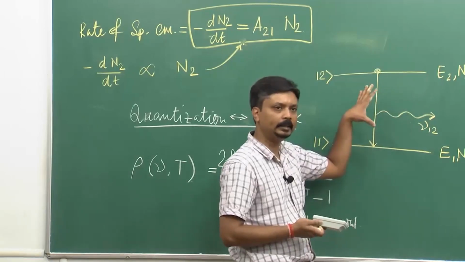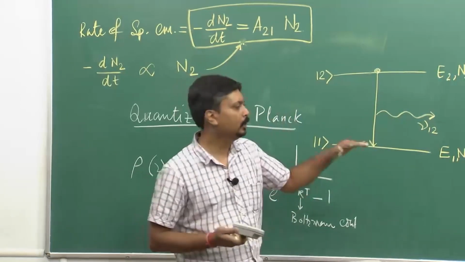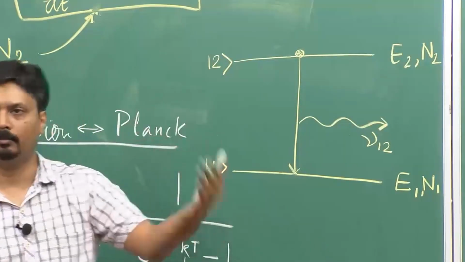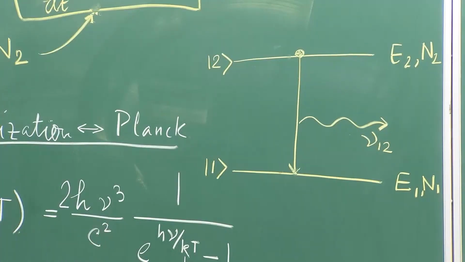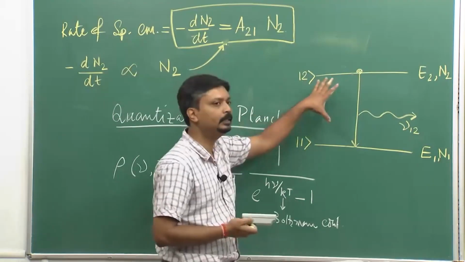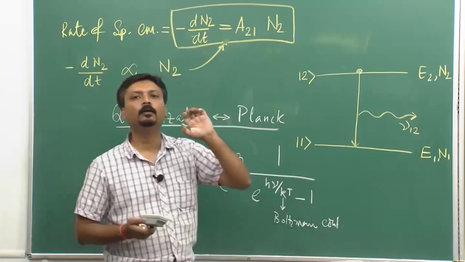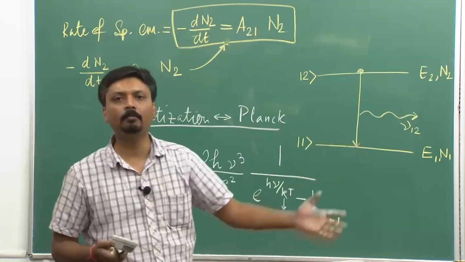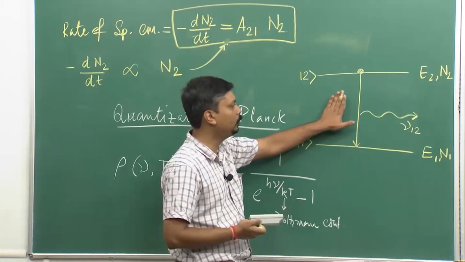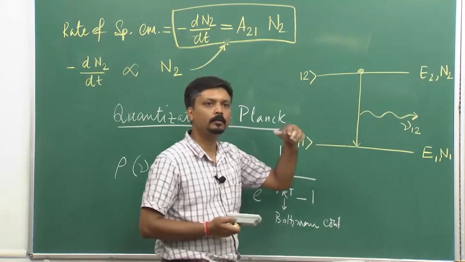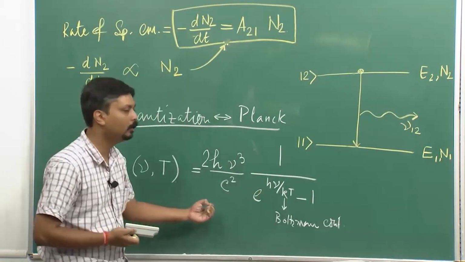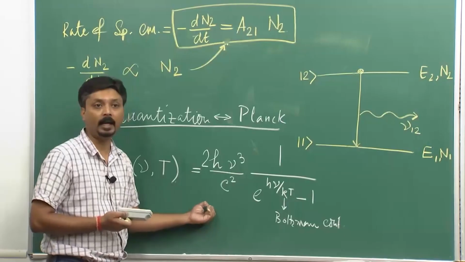This two-level system, we can call it an oscillator. The atoms can go here to here, and absorb or emit a photon. Einstein took these simple two-level oscillators as the units that form the overall blackbody radiation. So n such oscillators constitute the whole blackbody radiation. Treating the blackbody in this way, he should come to the same expression that Planck got.